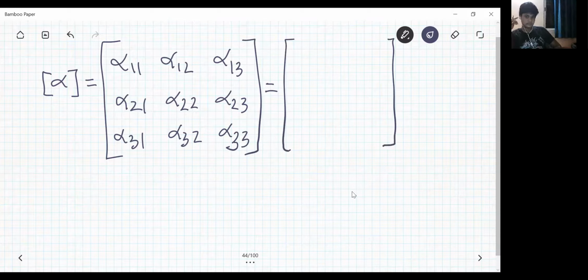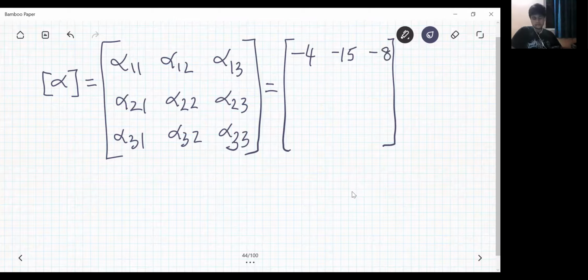What was alpha 11? Alpha 11 is minus 4. Alpha 12 is minus 15. Alpha 13 is minus 8.